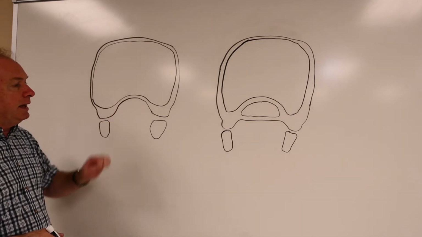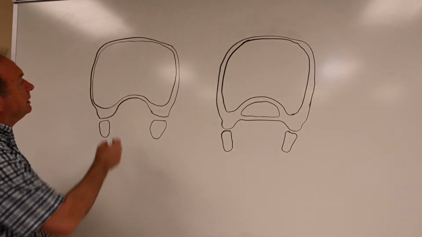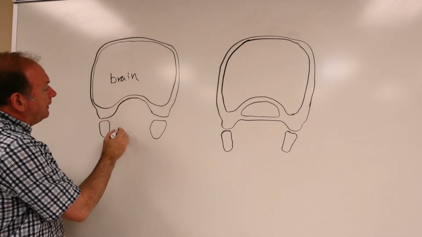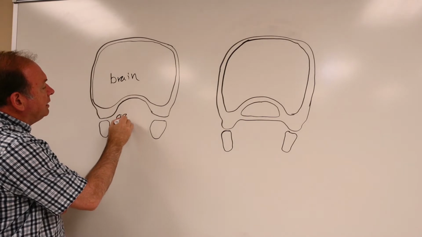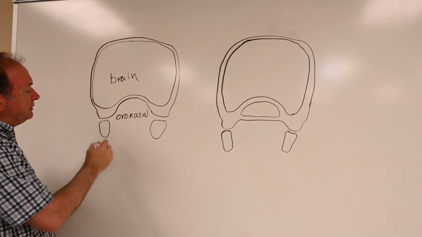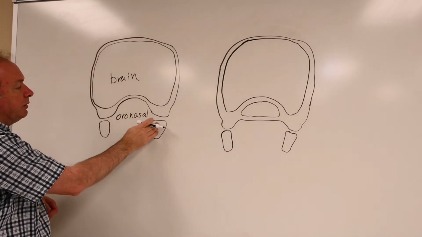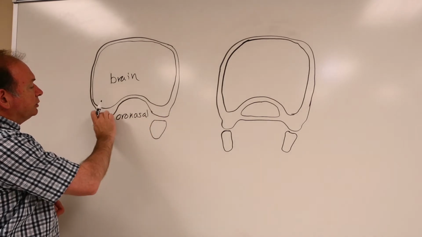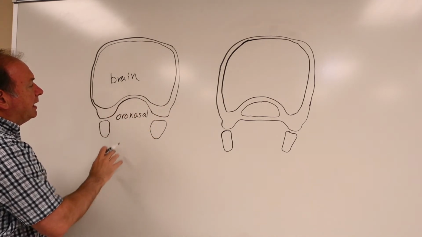A lot of different things have this condition where here's your brain, and this is an oronasal cavity down below. A common space. This just happens to be a cut section, so that's the jawbone on one side, that's the jawbone on the other side. This is upper jaw, so our teeth would be here, and that cavity would be there.